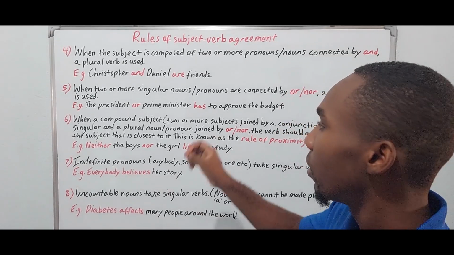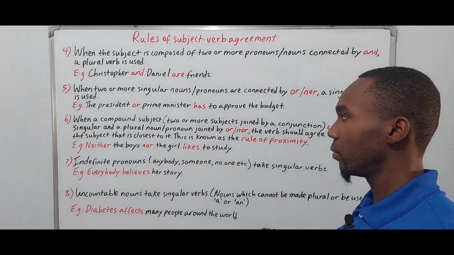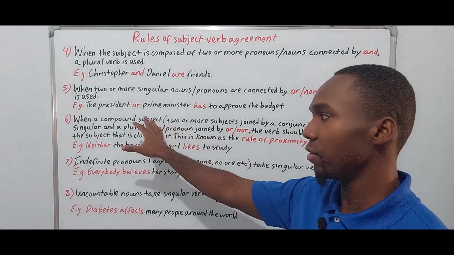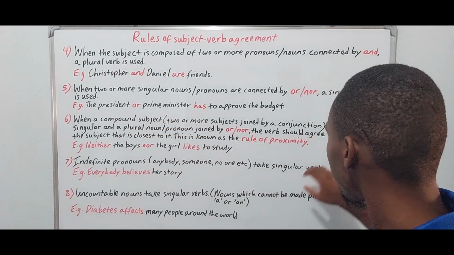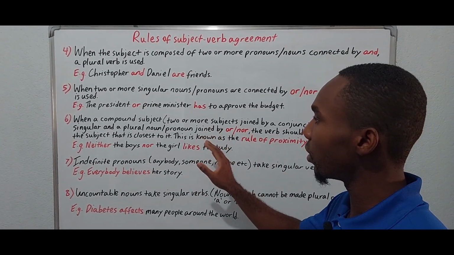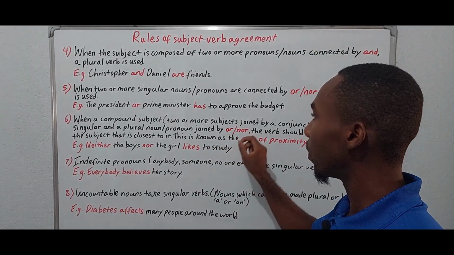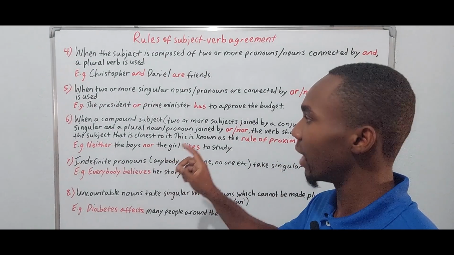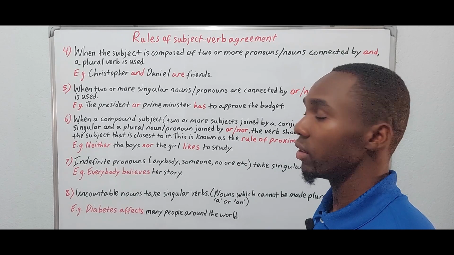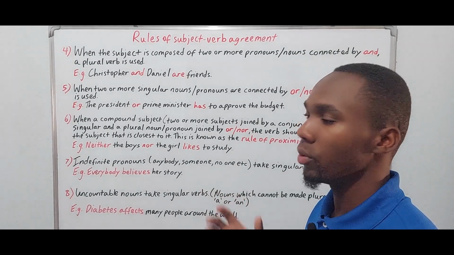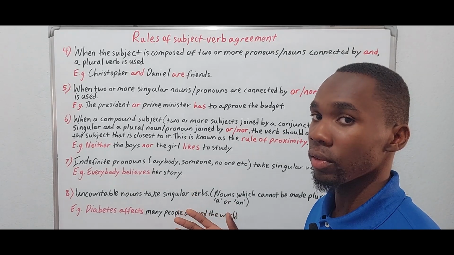Now, when a compound subject, two or more subjects joined by a conjunction, this is the definition of a compound subject, contains a singular and a plural noun or pronoun joined by or or nor, the verb should agree with the part of the subject that is closest to it. This is known as the rule of proximity. So there you have it. You have your question answered.